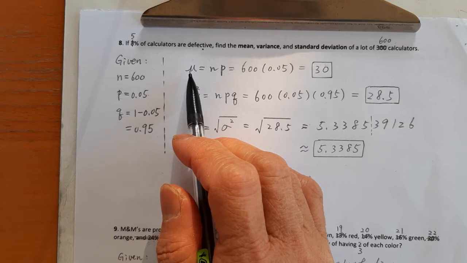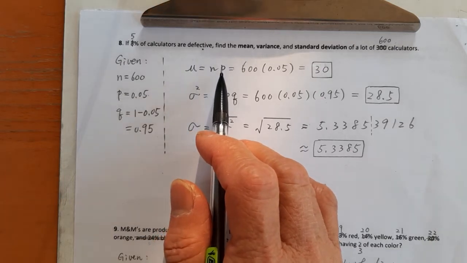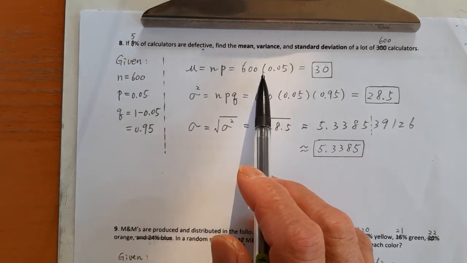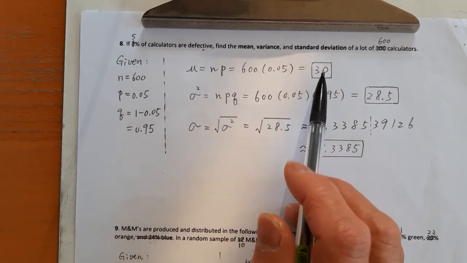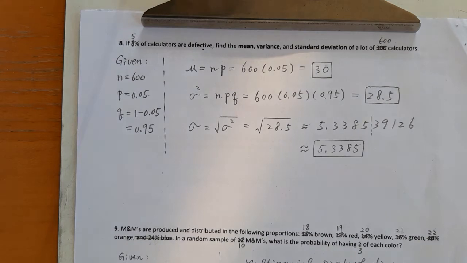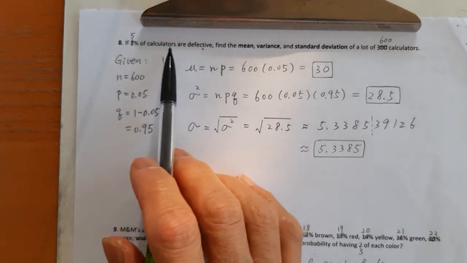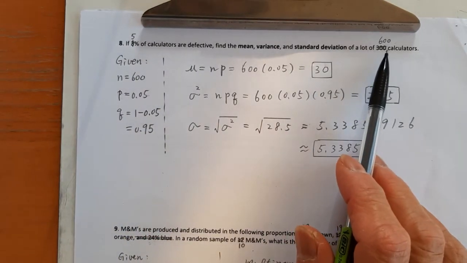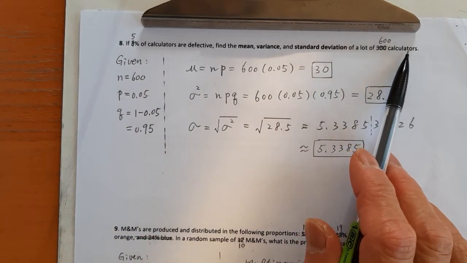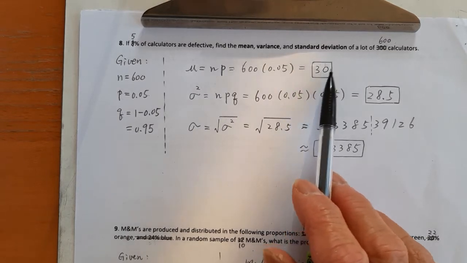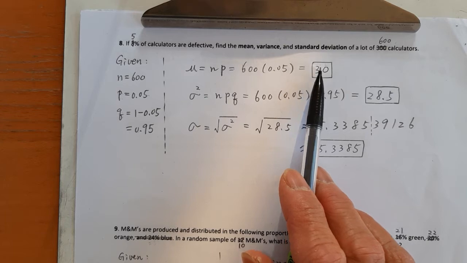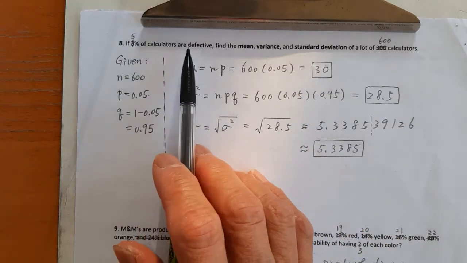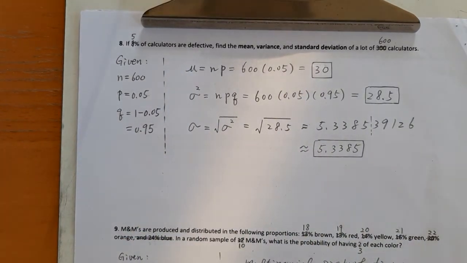Mean for binomial is equal to n times p. n is 600, p is 0.05. Times together is 30, because 5% are defective and you have 600 calculators. So the mean is the average: out of 600 calculators, the average is 30 calculators defective.